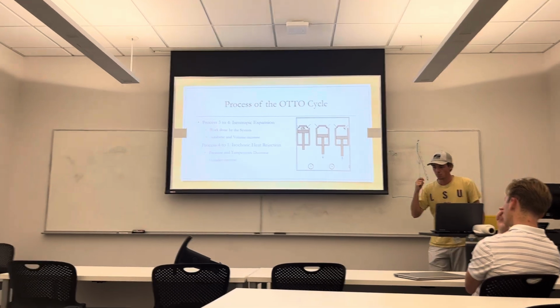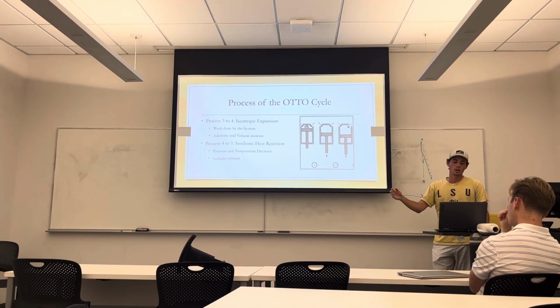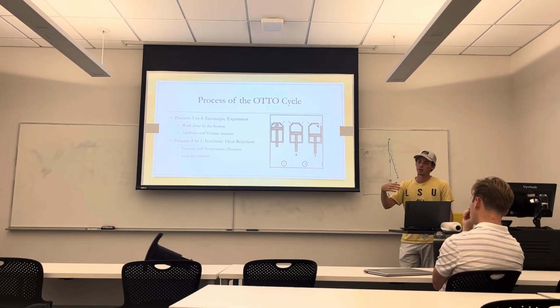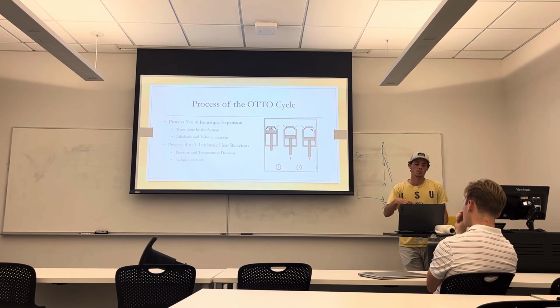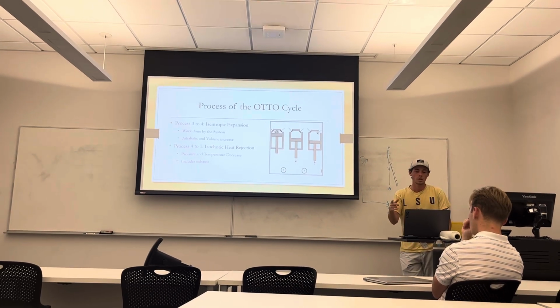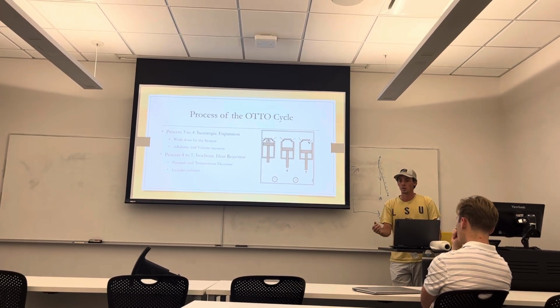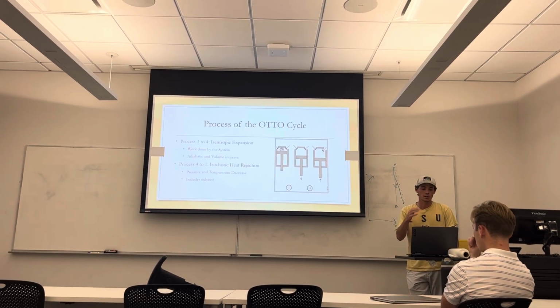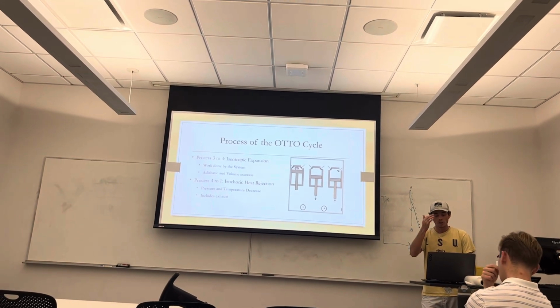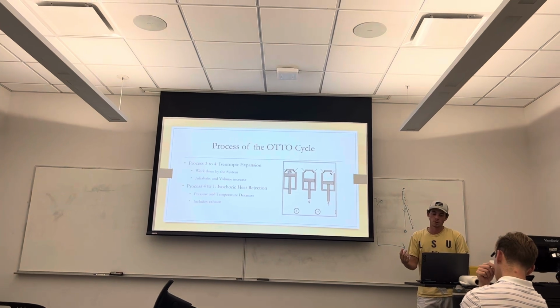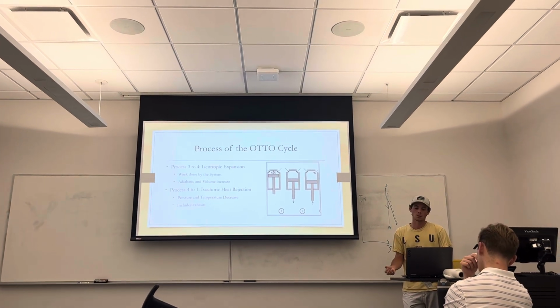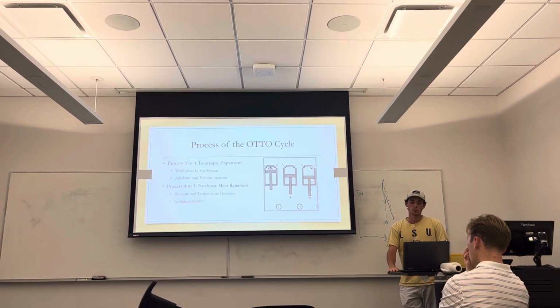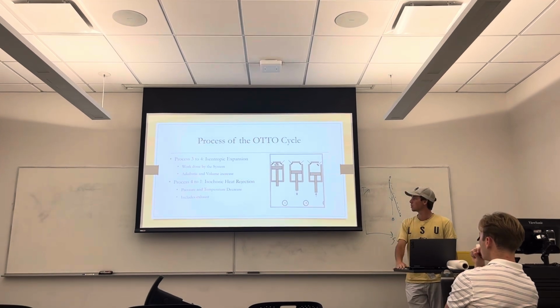The system is doing work, and like your first isentropic process, you have a volume change, but this time your volume is increasing, and it's adiabatic. So you can see that from 3 to 4, your volume increases, and when the piston drives down is when the work is being done.